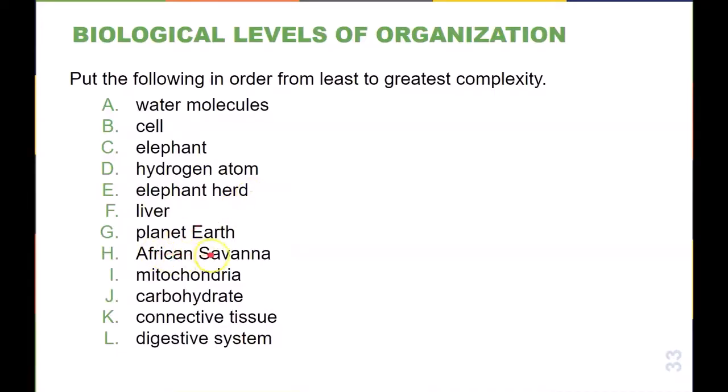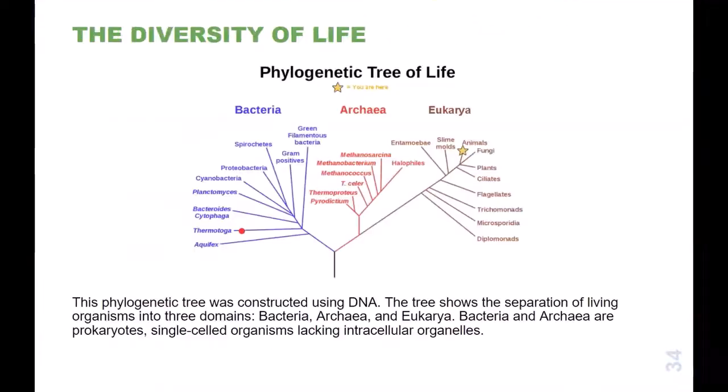Then the African savanna is a community. And then G is planet Earth. So I think we skipped over ecosystem, but anyway, hopefully you got the gist of that activity. All right, so moving on. We're going to finish up here talking about phylogenetic trees and different subdisciplines of biology.